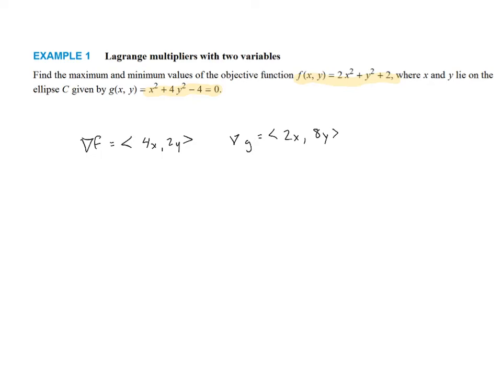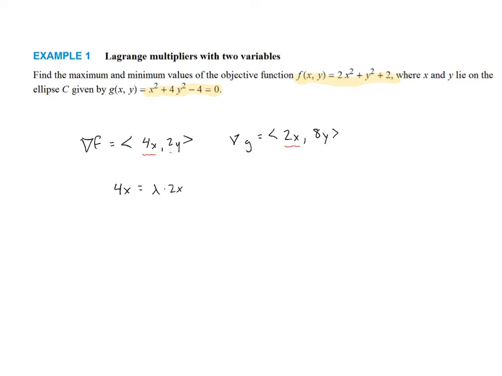All right, step 1, there you go. Well, there's a whole lot more in step 1 from the previous slide, but that's the first piece: compute the two gradients. Now we take our x components from these vectors and set them equal to each other. So 4x equals lambda times 2x.